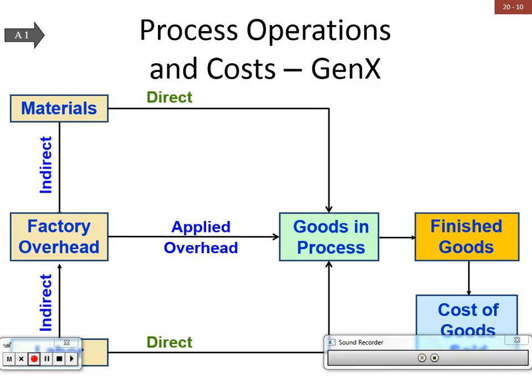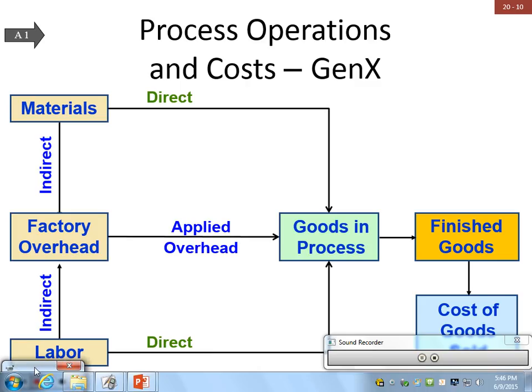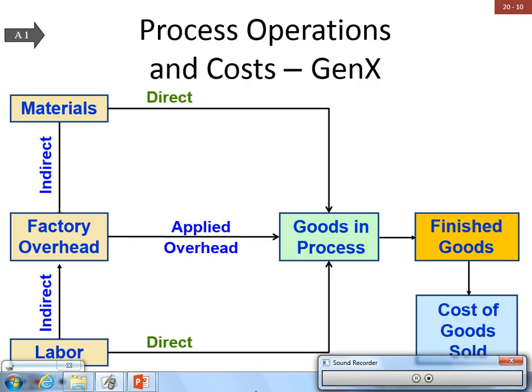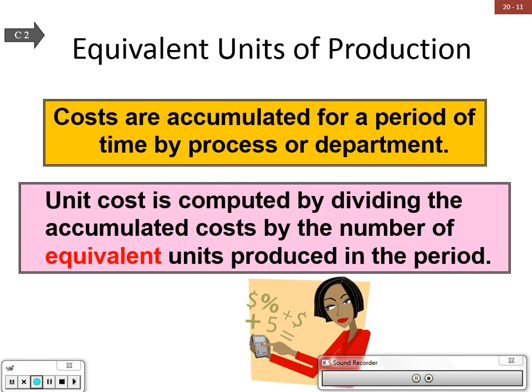And you're still going to have labor, which also we're going to be concerned about direct labor or indirect labor, right? But all of it goes to goods in process, and from goods in process to finished goods, and then cost of goods sold. So that's what they're going to take you through with the whole Gen X.